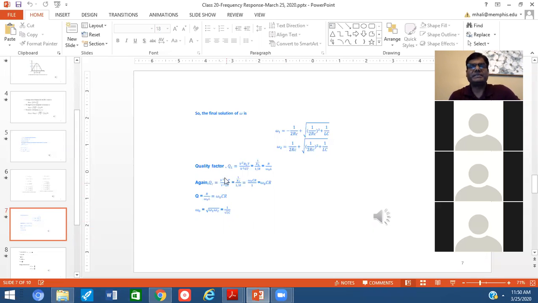Therefore, if you see the expression of QL, V square BL multiplied by T, it is multiplied by BL. BL means inductive susceptance. You remember in case of series resonance, we multiplied by XL, the inductive reactance. But because today we are looking into parallel resonance, we are multiplying by BL.